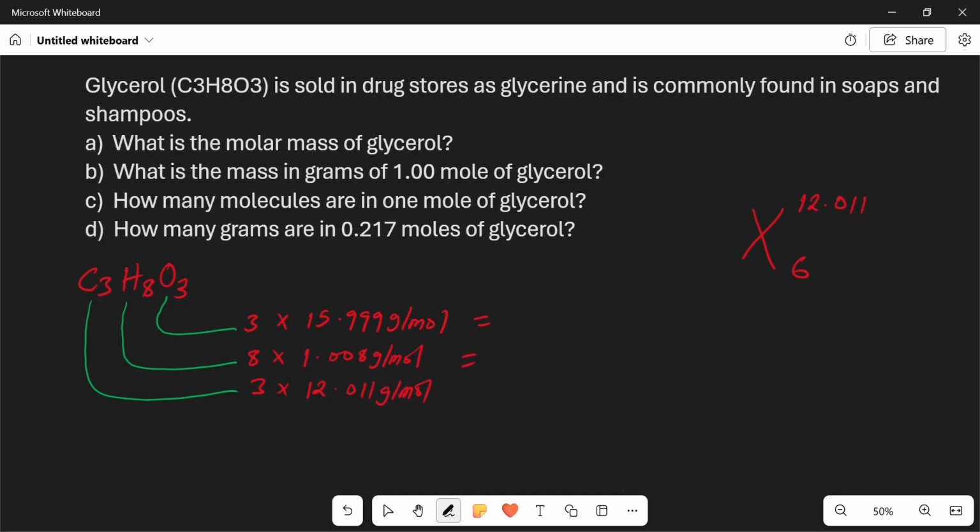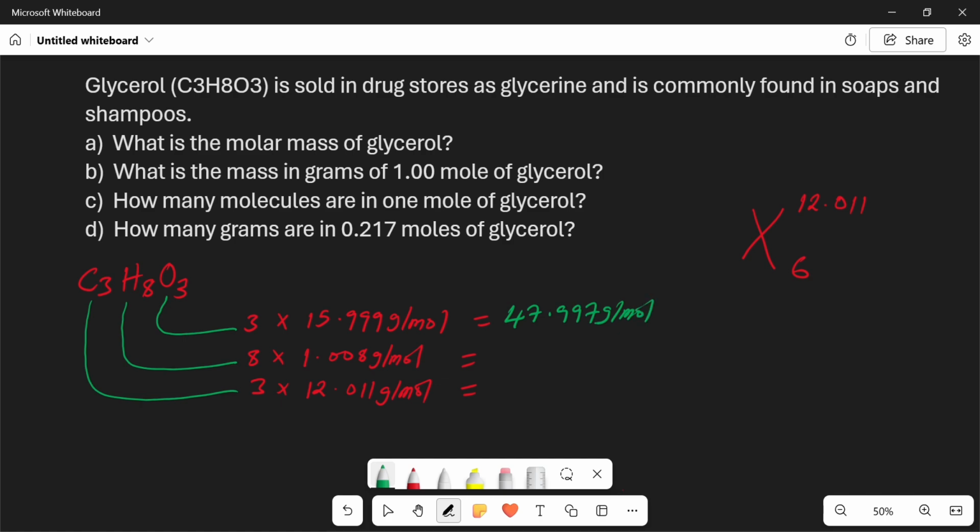On the other side, we're going to find the answers after multiplying. When I do 3 multiplied by 15.999, according to my calculator, we have 47.997, also in units of grams per mole.